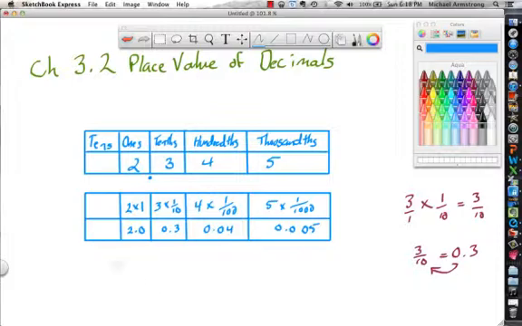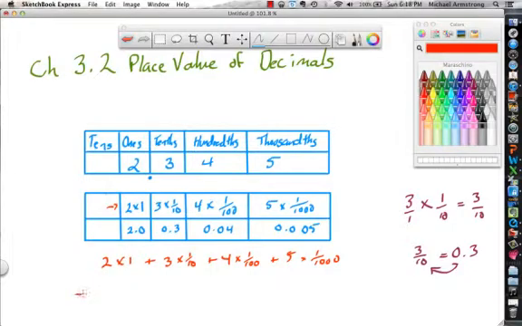So if we were to add this first row, it's going to be 2 times 1 plus 3 times 1/10 plus 4 times 1/100th plus 5 times 1/1,000th.